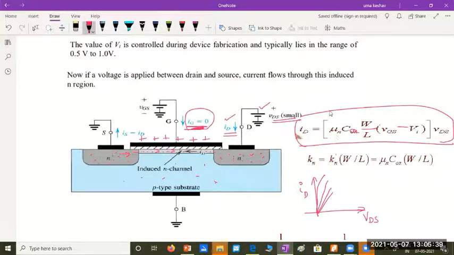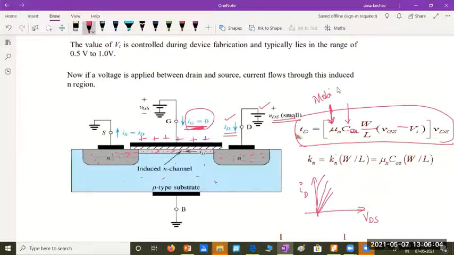Do you know what is mu n? What does mu n stand for in this? Cox? Mu n is mobility.